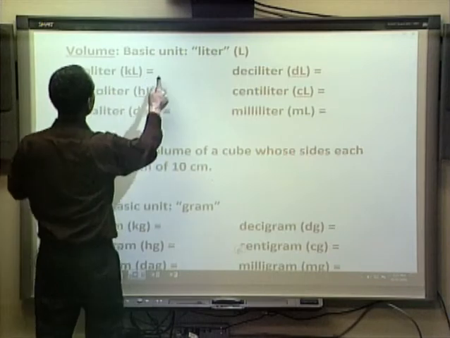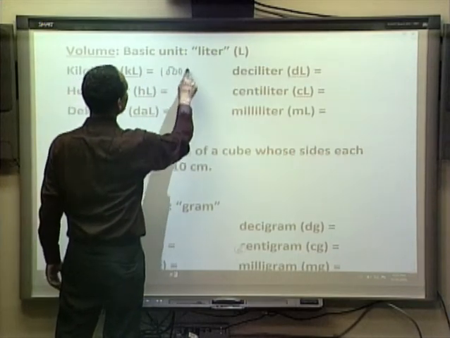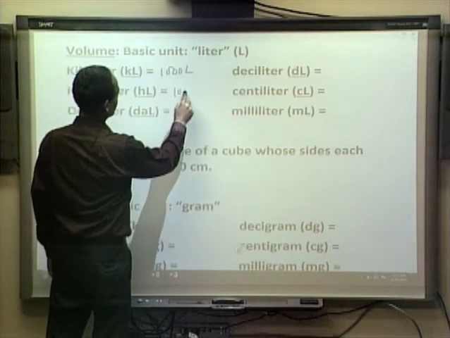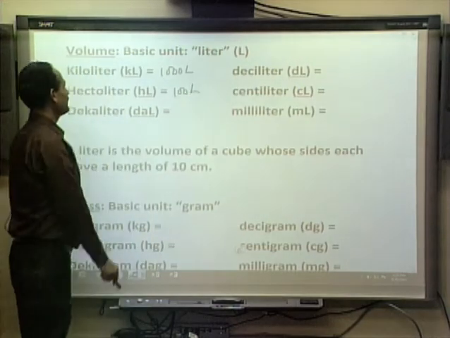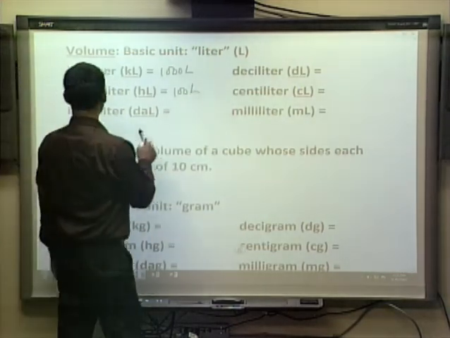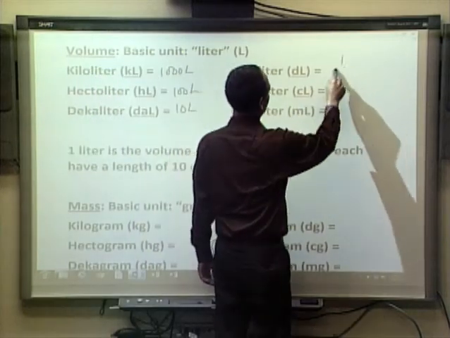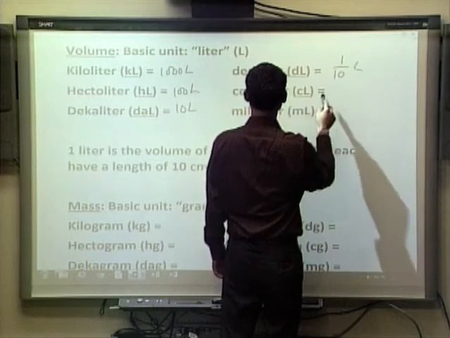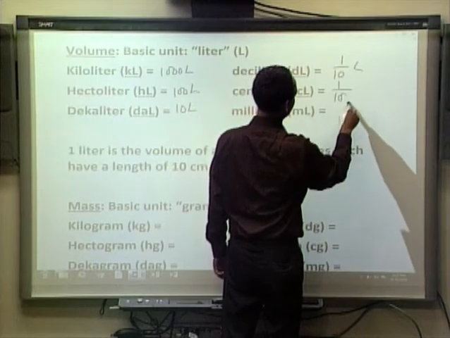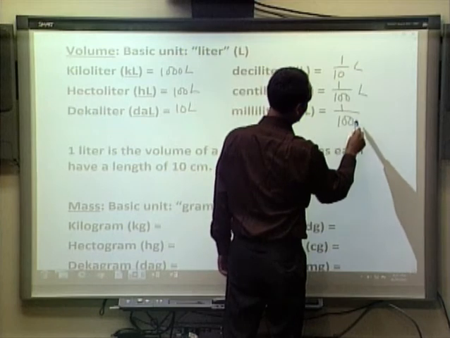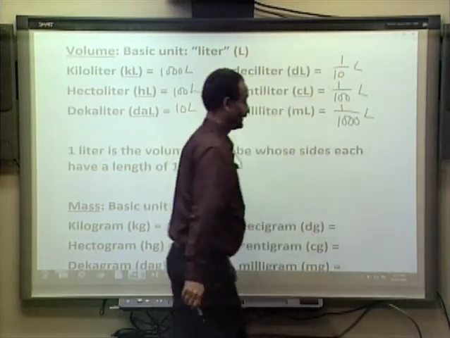So 1 kiloliter is 1000 liter, kilo refers to 1000, hecto refers to 100. So 1 hectoliter is 100 liter, 1 decaliter is 10 liter, 1 deciliter is 1/10 liter, 1 centiliter is 1 over 100 liter, and 1 milliliter is 1 over 1000 liter.